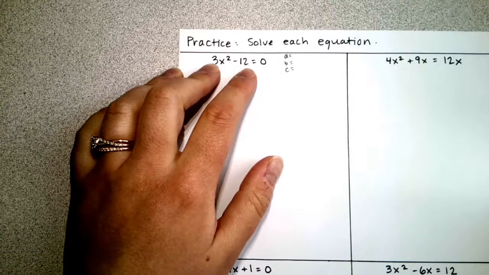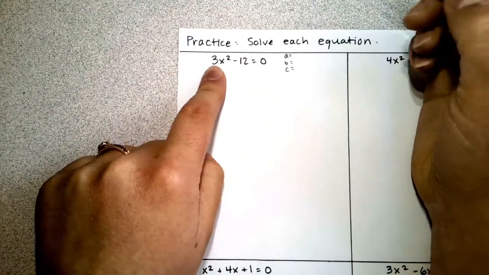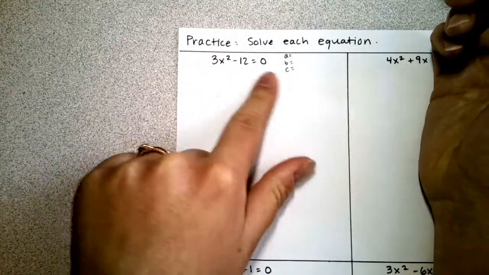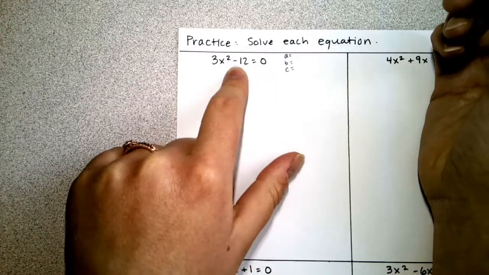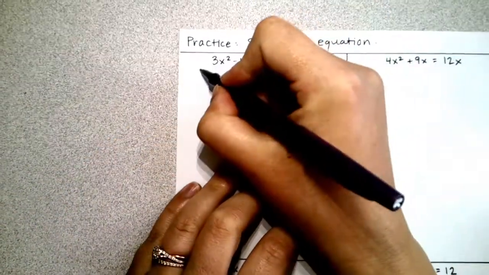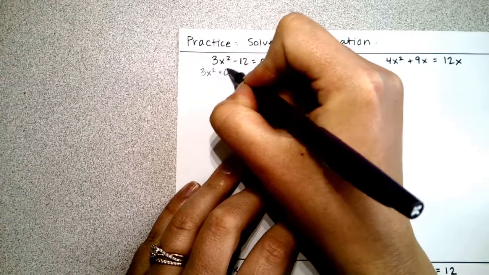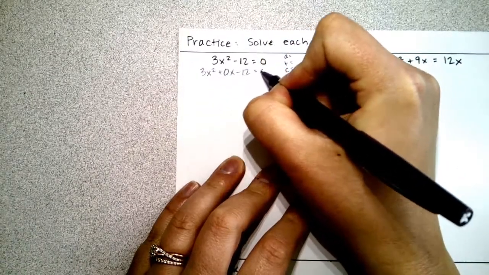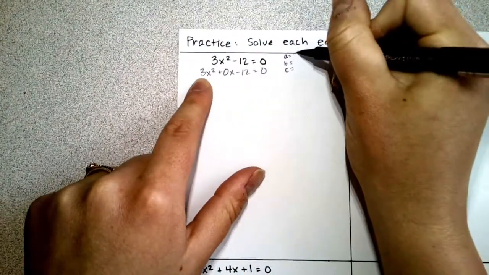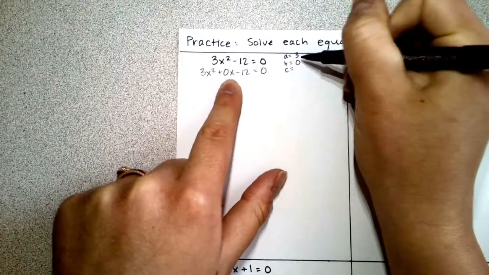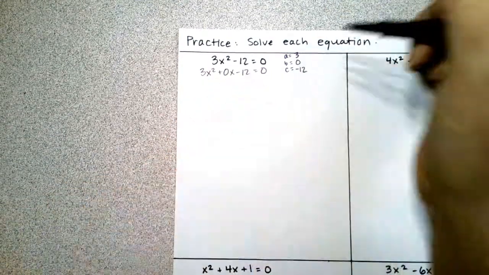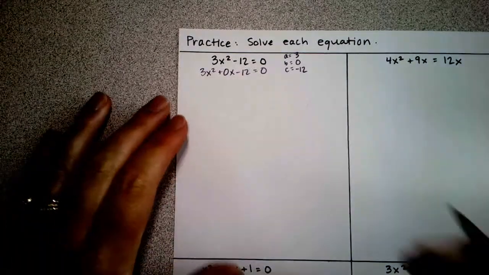You might be able to just plug them straight in. But first of all, we need to check that this is in standard form. Typically we have an x term in the middle, so if you want to rewrite this, we have 0x. So then the a value is 3, the b value is 0, and the c value is -12. And now we plug those all into our formula.